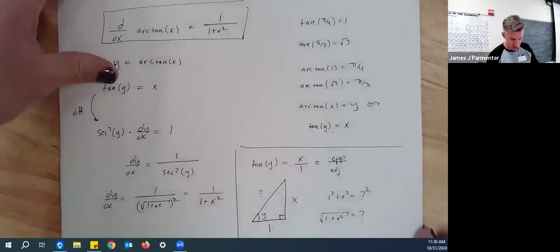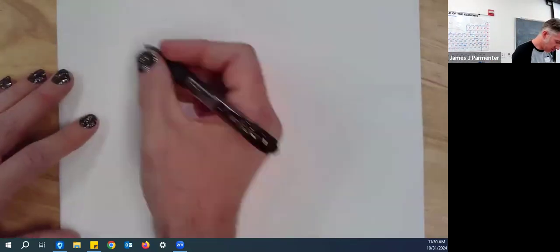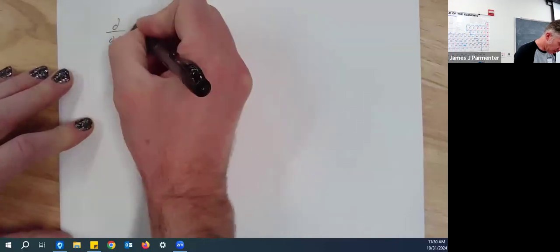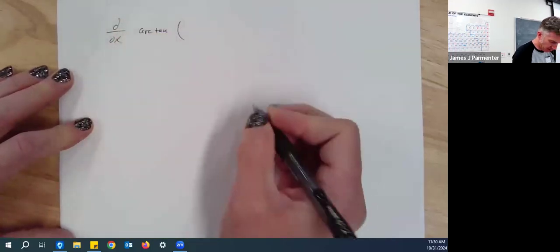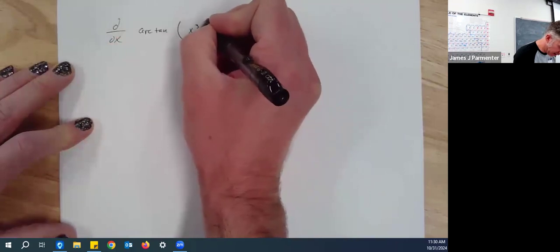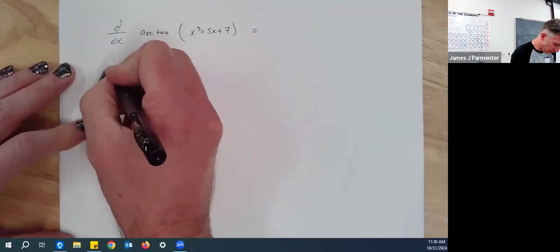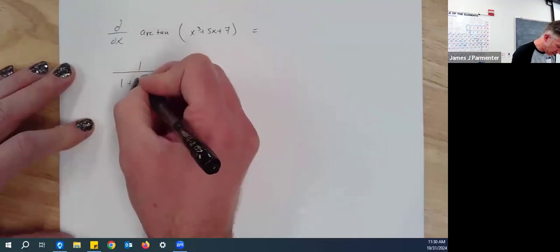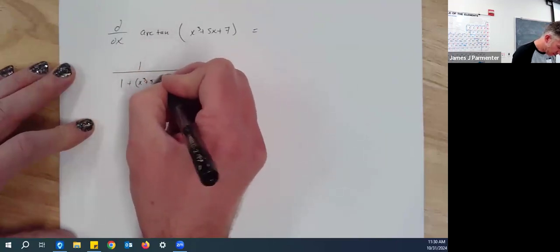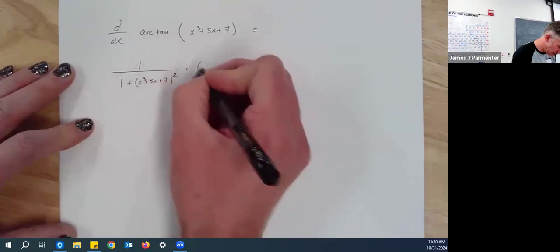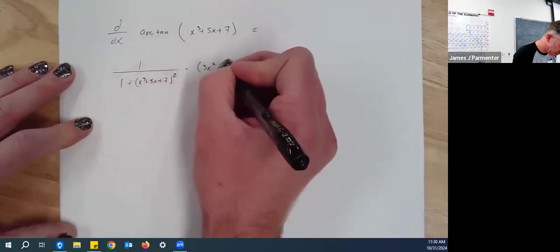So it is indeed true that the derivative of the arctangent of x cubed plus 5x plus 7 is going to be exactly 1 over 1 plus your stuff squared multiplied by the derivative of the stuff.